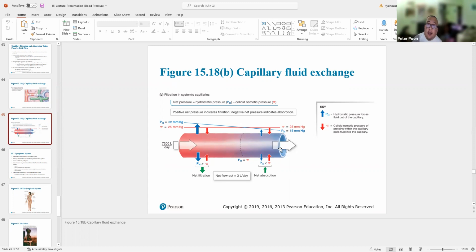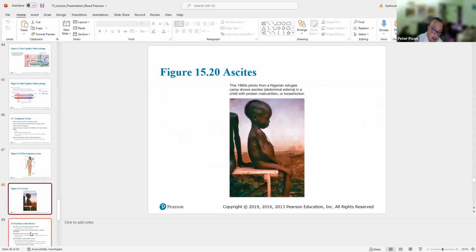If you don't eat enough protein, then you don't have enough of these proteins in your blood. If you don't have enough of these proteins in your blood, you can't generate the osmotic pressure needed to push the fluid back into the capillaries, and therefore it stays in the interstitial fluid. This is called kwashiorkor, protein malnutrition.